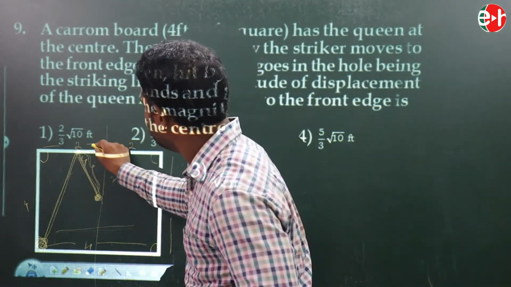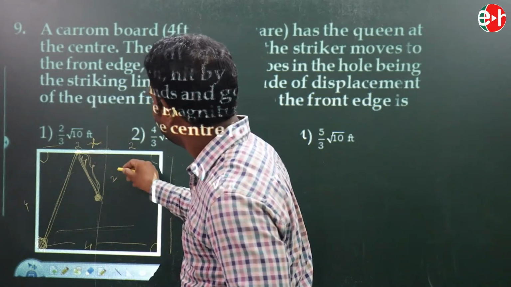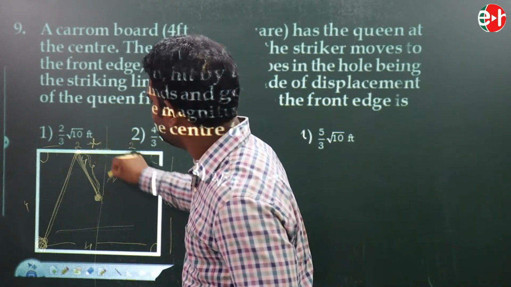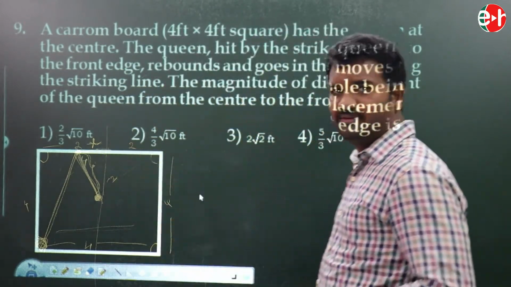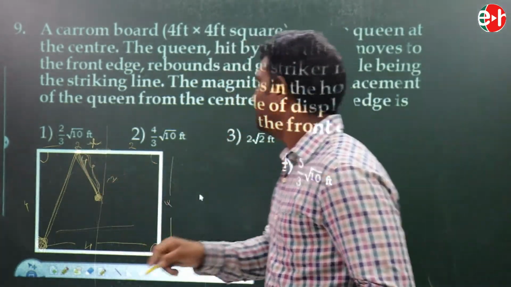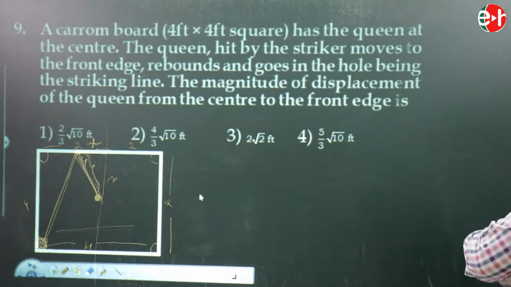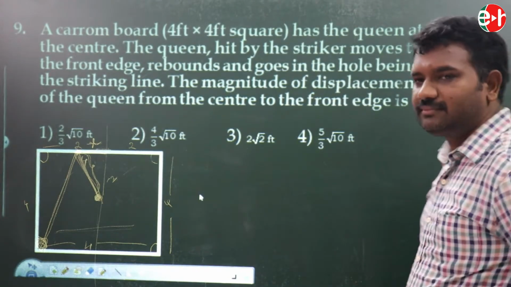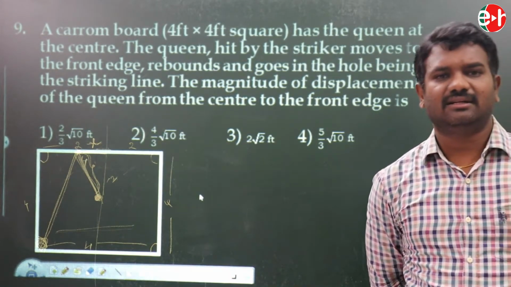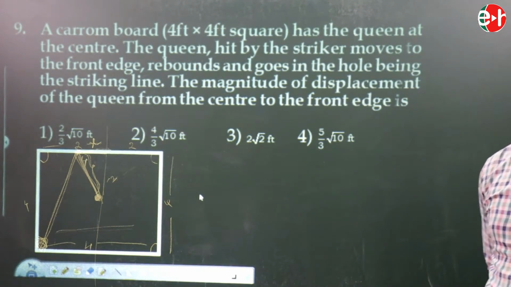If you can find this length, maybe x, then we can find this, root over x square plus 2 square, by using our hypotenuse formula. Okay? So as to find this, now it is our part. How to find this x? Clear? For this, we have to apply similar triangles concept or trigonometry concept, whatever.